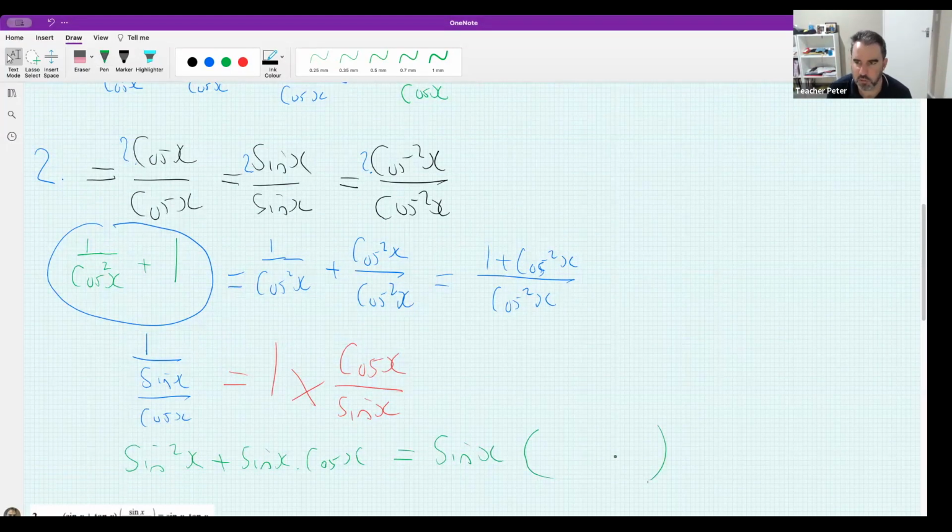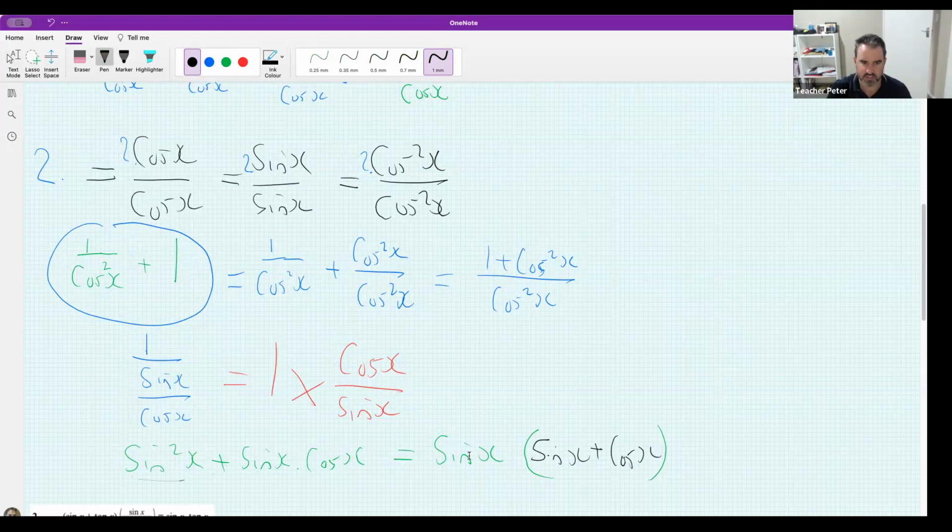Let me know what you think would go inside the bracket there if I was factorizing that trig expression. So I think it would be sine x, because there was 2 of those here, plus it would be cos x.